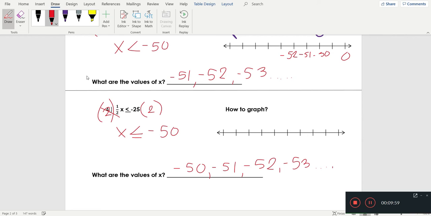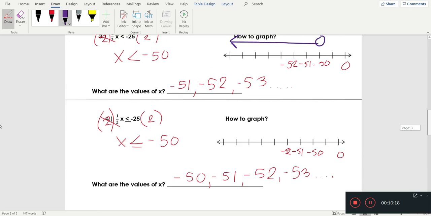So here I have now 0, negative 50, negative 51, negative 52, and so on, right? What you're now going to do, am I going to have a closed circle or open circle? What do you think?